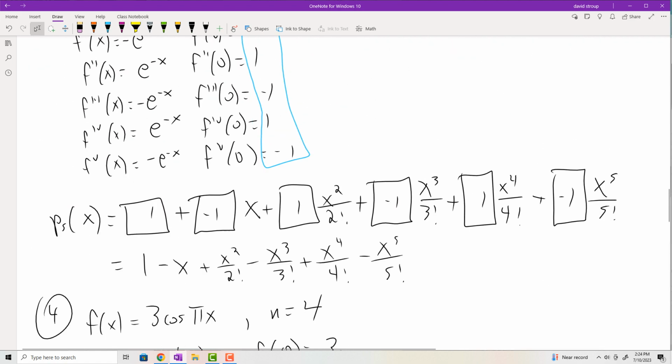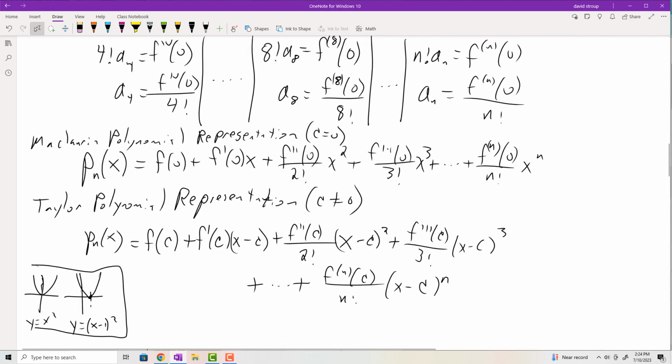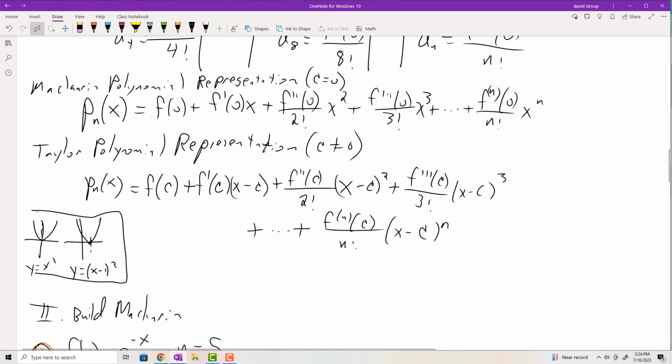Looking at the general term of the Taylor polynomial representations, if I extrapolate to what the next term would be, it would be the n plus first derivative evaluated at c, all over n plus 1 factorial, times x minus c to the n plus 1. It's going to have that flavor to it.